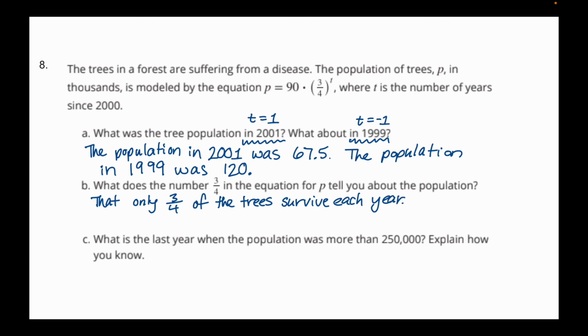Or you could say that it means that 1/4 of the trees in the forest die from that disease each year. Either way, but when possible, I like to just use the number itself instead of the 1 minus version.